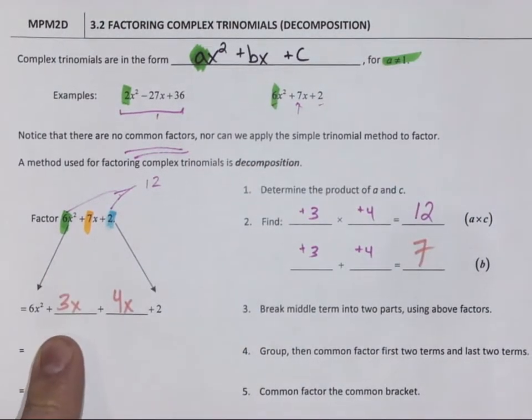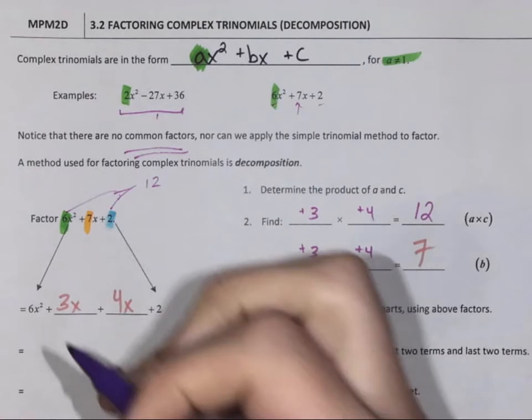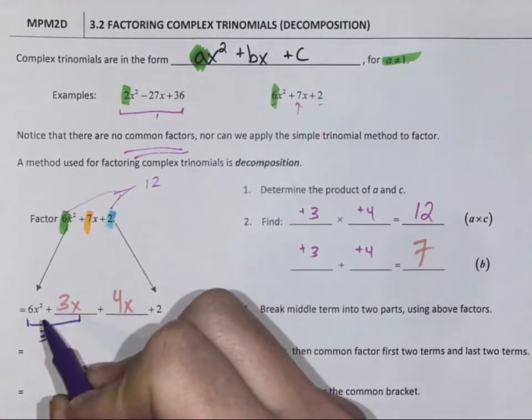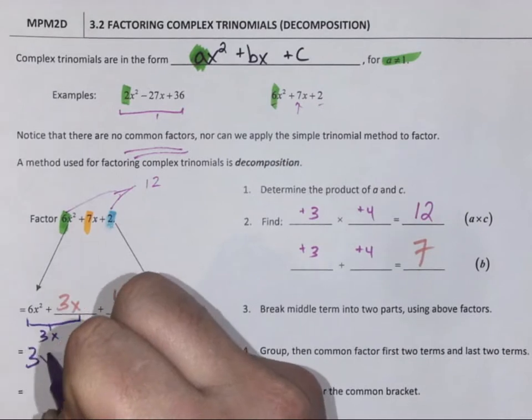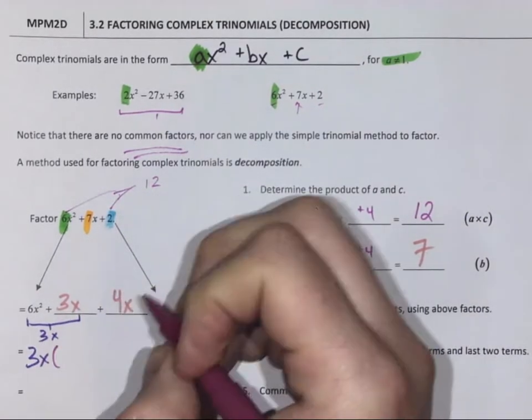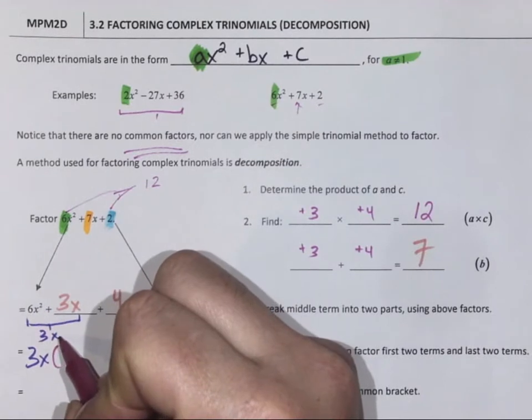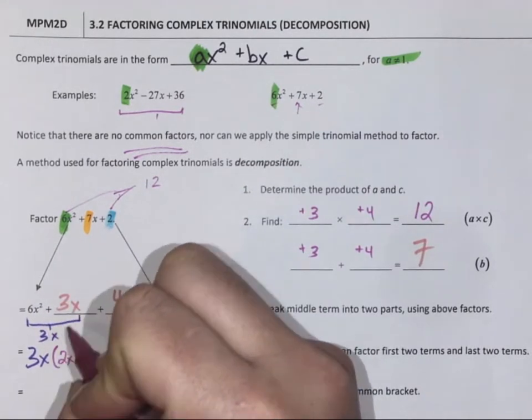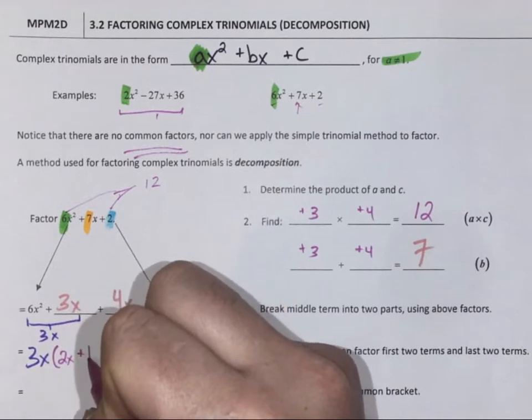For the first two terms, my common factor is 3, and they each have at least 1x. What remains: 6x squared divided by 3x is 2x, and 3x divided by 3x is 1.